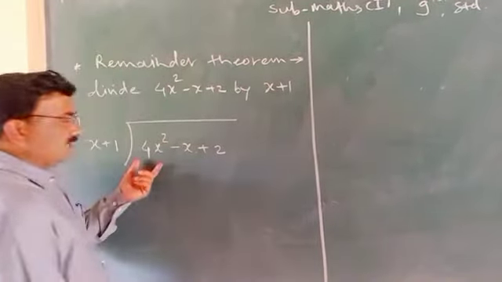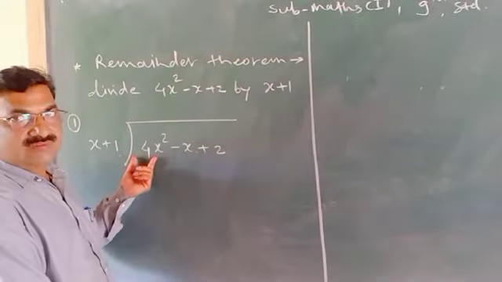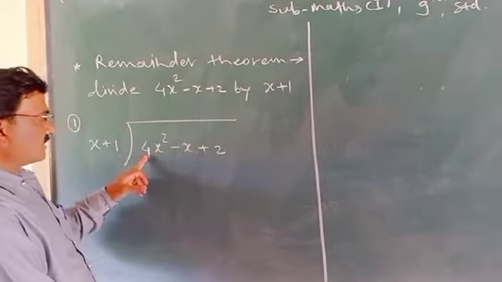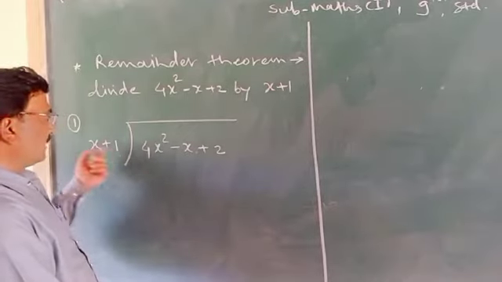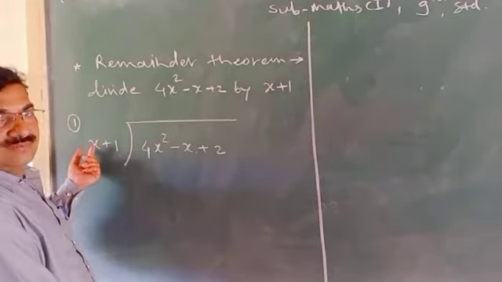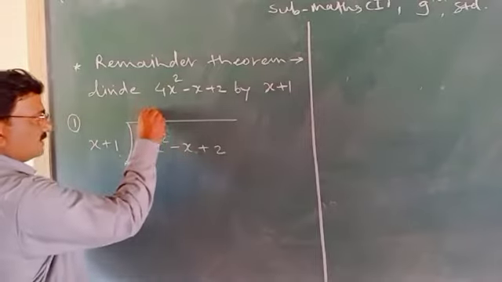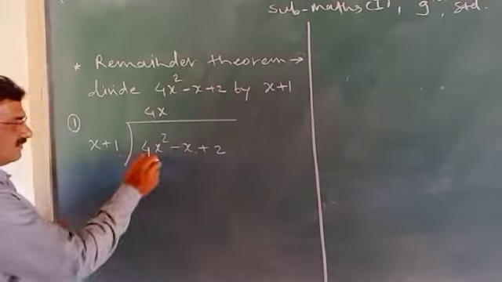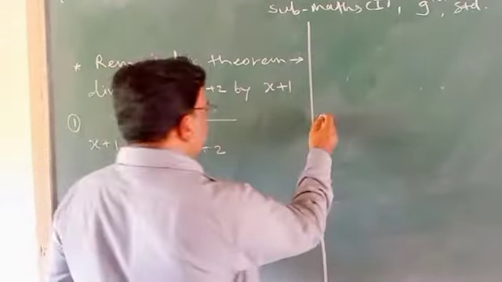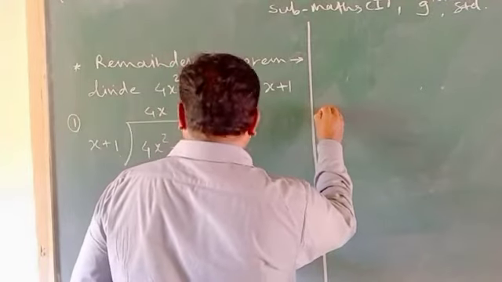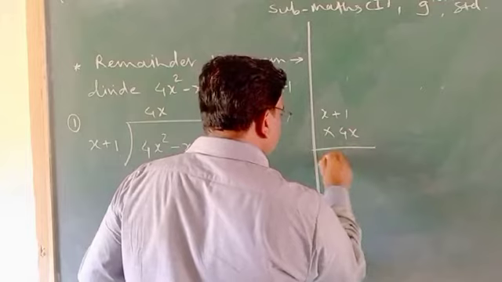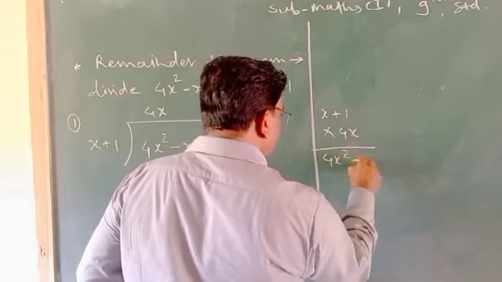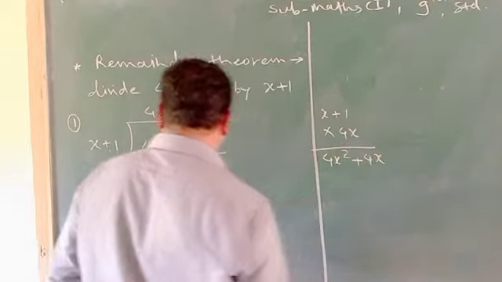Then we have to eliminate the terms from the dividend. First concentrate on the coefficient. 4x square, here is only x. If we multiply by 4x, then we can obtain 4x square. Carry out multiplication at another side: x plus 1 into 4x is 4x square plus 4x.